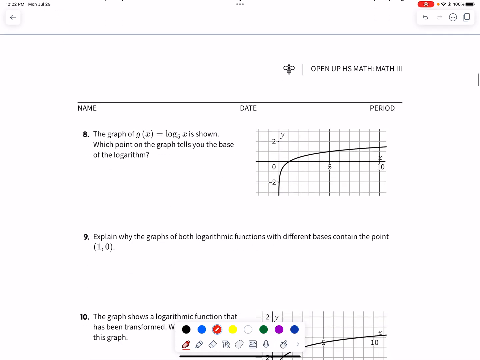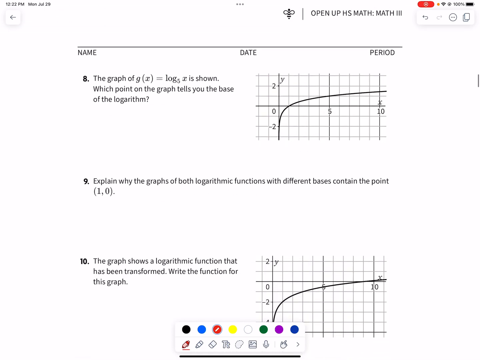Okay, so on the next couple of problems, we're just practicing more of that. So if I, again, look for 1, 0, and a vertical asymptote at 0, that means we haven't been moved up, down, or right or left, so we look for the height of 1.